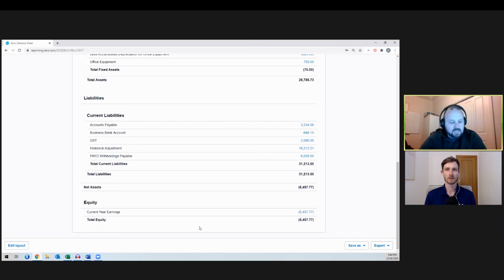If you allocate them properly, you can then start to pull reports out that show you a ratio called the net current position, which compares your current cash position to your current liability position. So you can start to see where I'm at on a short-term level, but also where I am on a long-term level. That's sort of the basics behind it, but spend time on it.